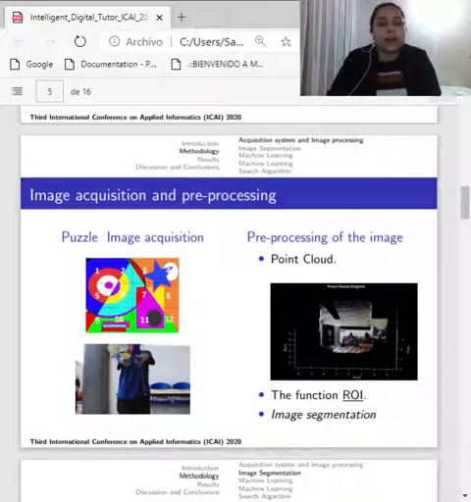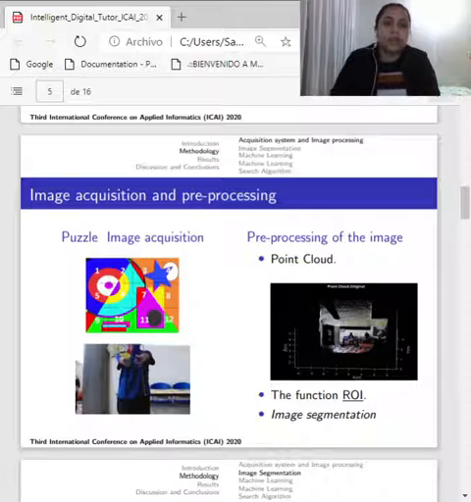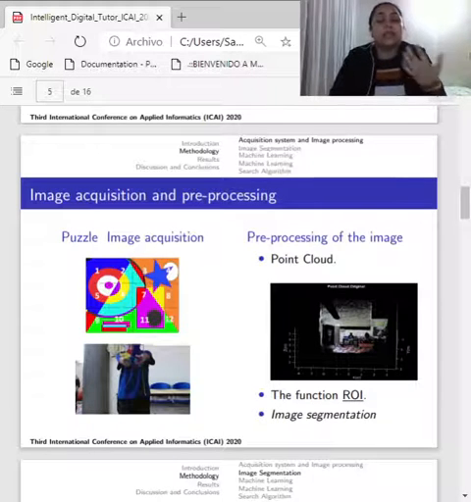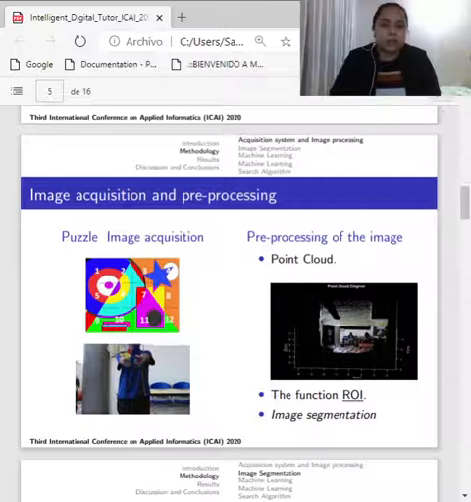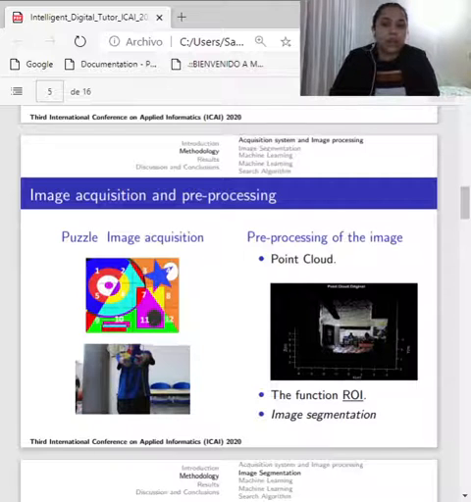The methodology of this work was developed in several phases, integrating image processing, machine learning, and search algorithm. So we have the image acquisition and preprocessing. The acquisition system and image preprocessing comprise puzzle selection, image acquisition, and preprocessing.